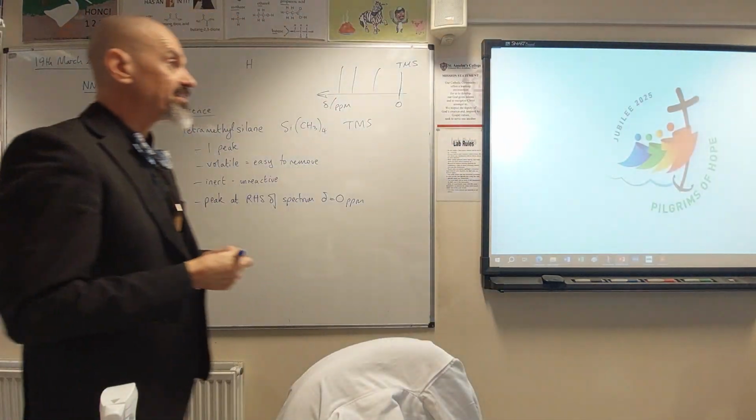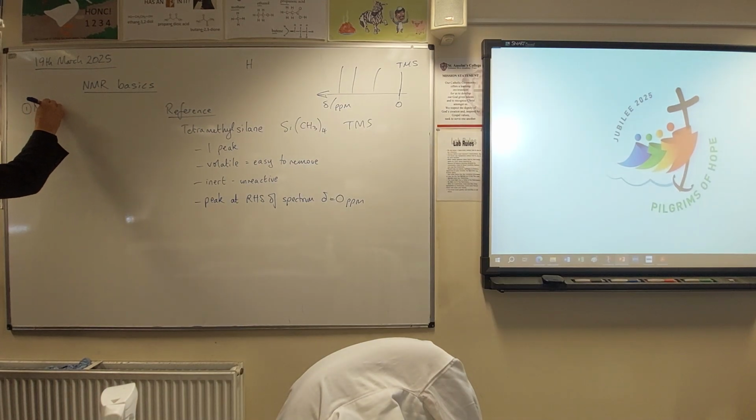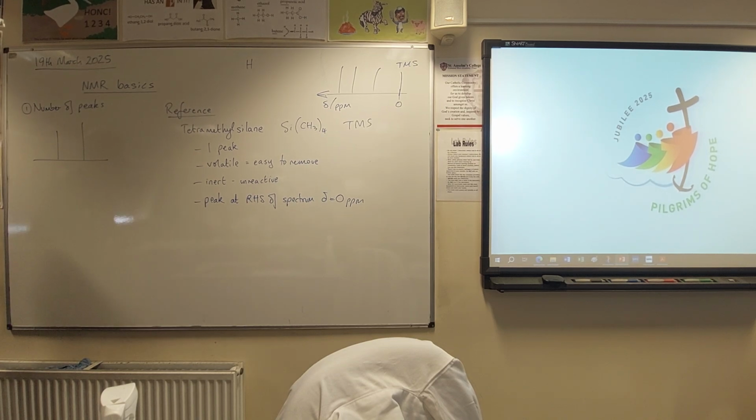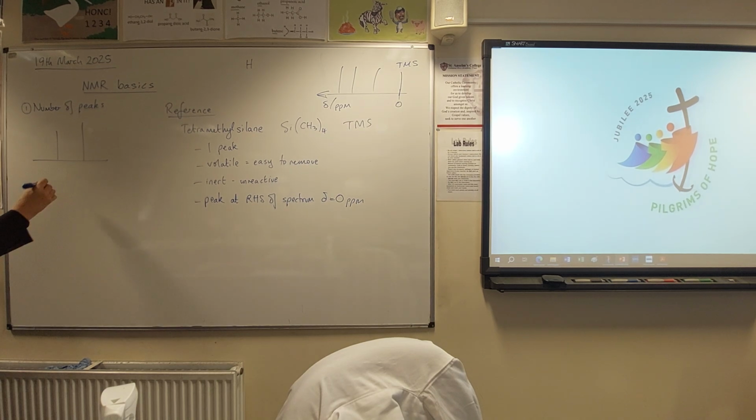So the first thing we mentioned was the number of peaks. The number of peaks in a spectrum is equal to the number of different, unique chemical environments that you've got in your molecule.